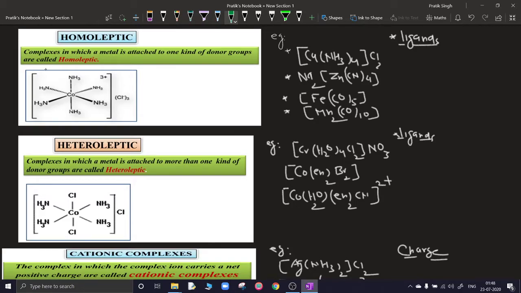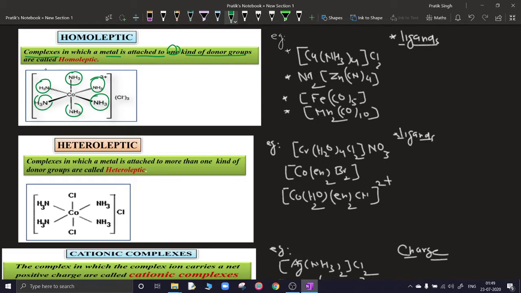When you say homoleptic complex, let us understand what it means. Homoleptic complex means complexes in which a metal is attached to one kind of donor group. If you see this complex, let us circle the ligands. It is ammonia. Again, if you circle all the ligands, you will find that the ligands in the complex are the same.